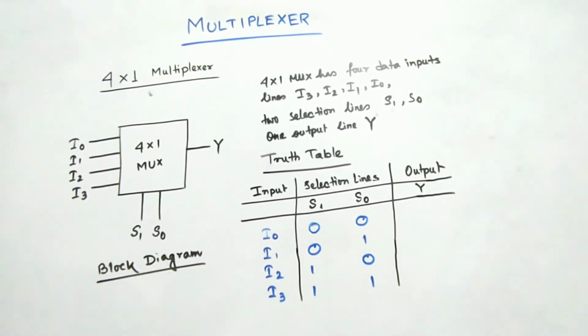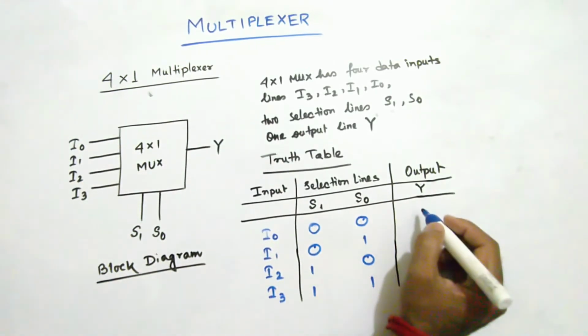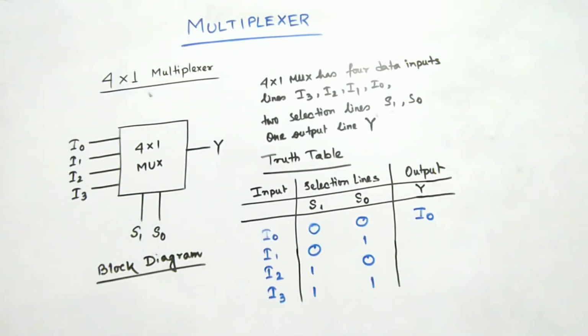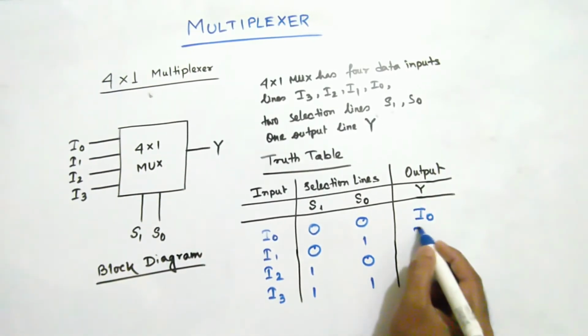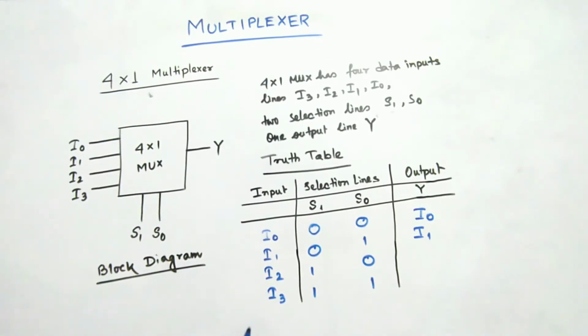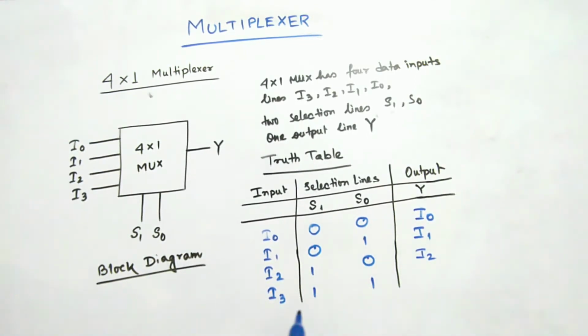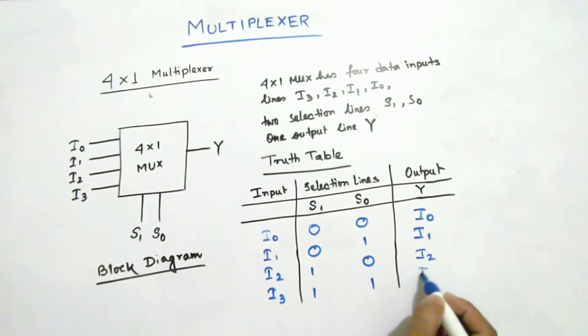When S0 equals 0 and S1 equals 0, we are getting I0 as output. So the input line I0 will get selected and it will lead to the output. When S0 equals 1 and S1 equals 0, we will get I1 as output. When S1 equals 1 and S0 equals 0, we will get I2 as output. And when S1 and S0 both equal 1, we will get I3 as output.